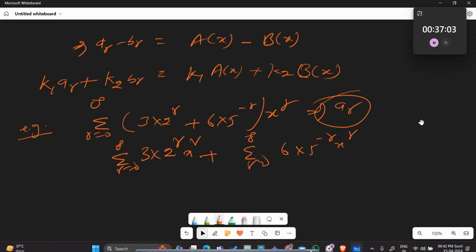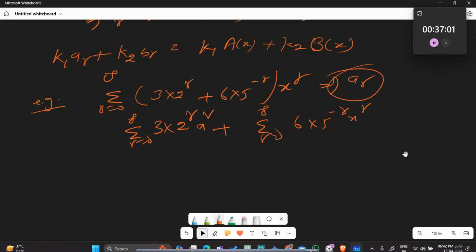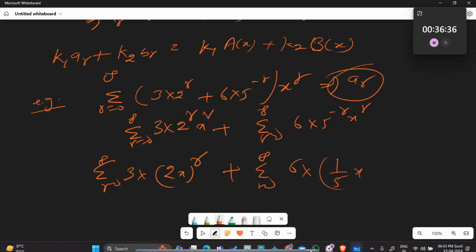Minus r is a different thing here. So here it is sigma r equals 0 to infinity 3 into (2x) to the power r, right, plus sigma r equals 0 to infinity 6 into (1 by 5 into x) to the power r, like that.